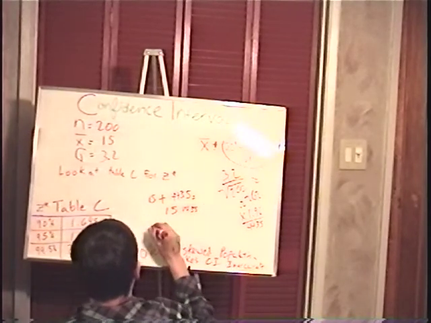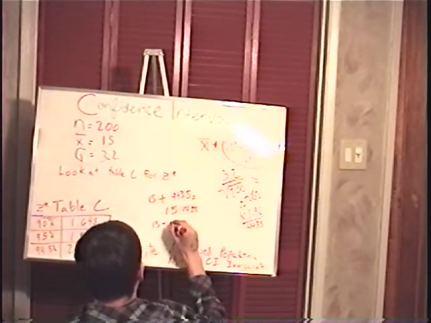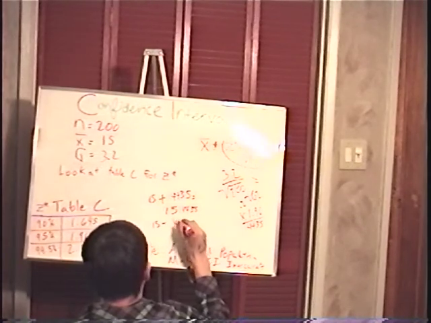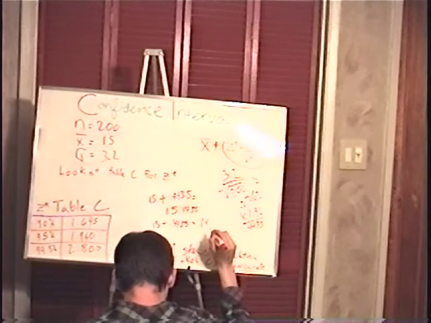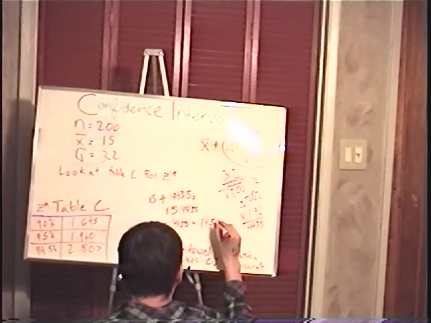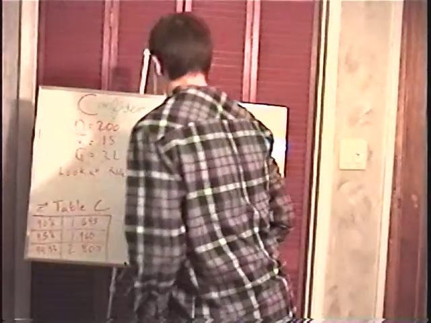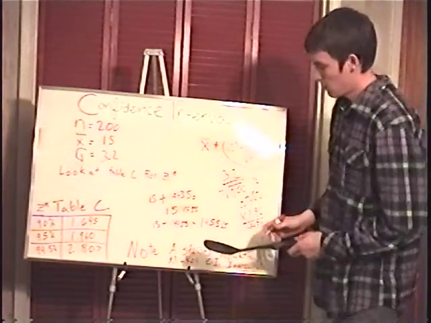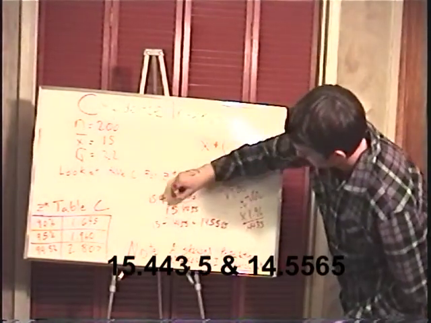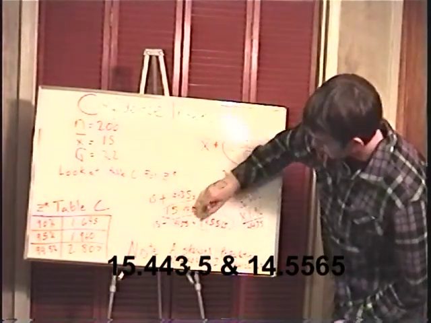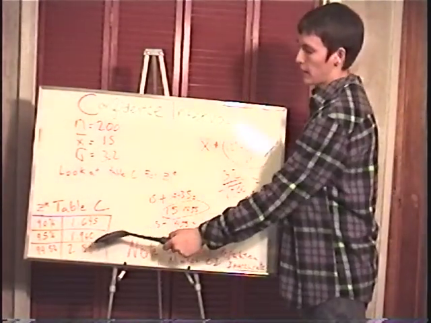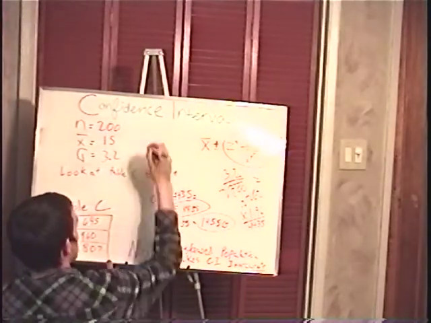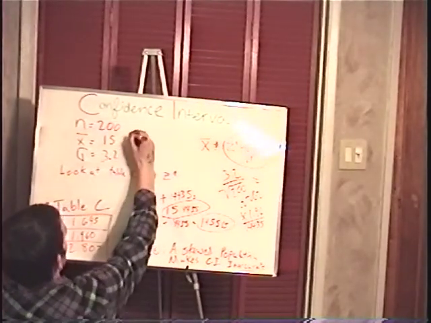And when you subtract 0.4435 from 15, it equals 14.5565. By finding these two numbers, you figure out how big the spread of your confidence interval at 95% is.